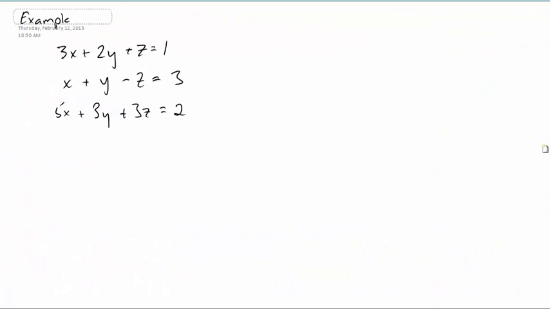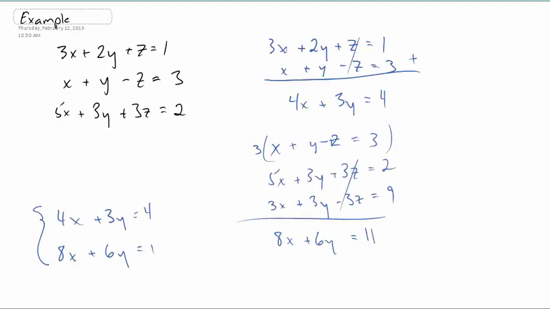Next example. We're going to solve this one. So again, pause this video and see if you get the same thing that I do. So I chose to get rid of my z first, and I ended up with the two-variable system, 4x plus 3y equals 4, and 8x plus 6y equals 1.